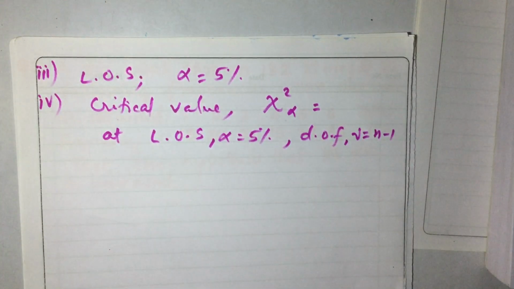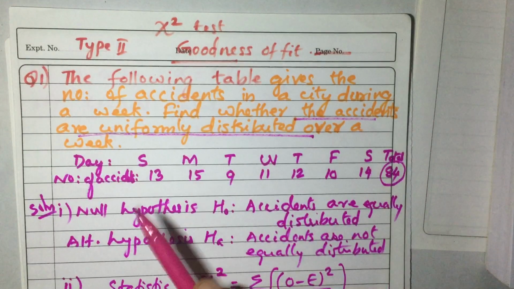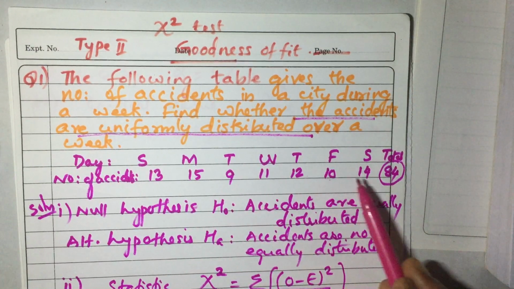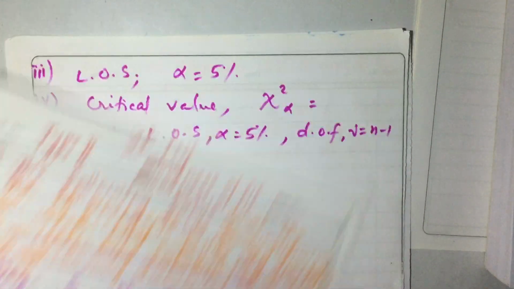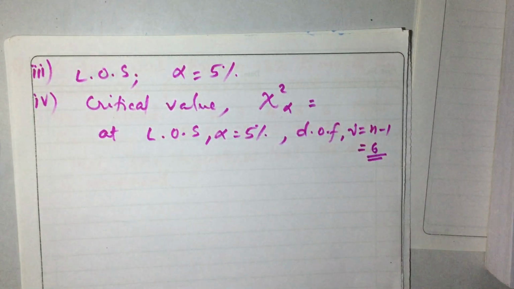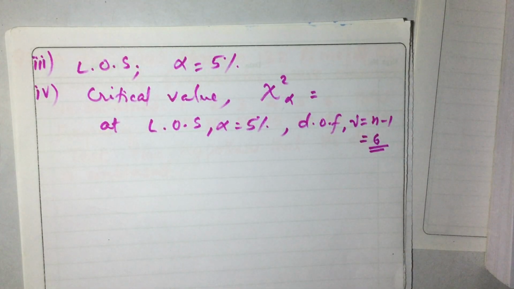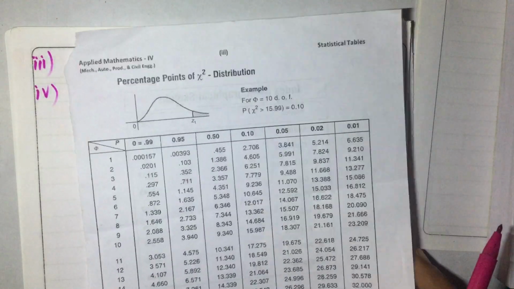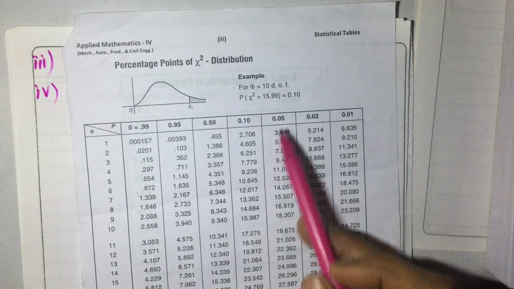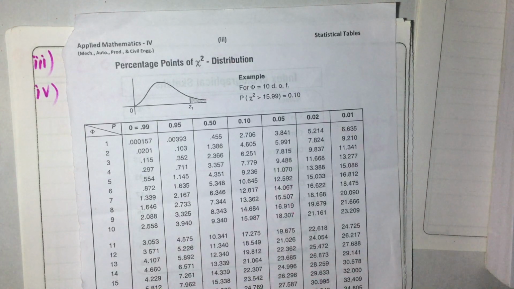There are 7 entries, 1, 2, 3, 4, 5, 6, 7 days, so N is 7, and 7 minus 1 means 6. Degrees of freedom is 6. So chi-square at 0.05 and 6 degrees of freedom, you will get the value 12.592.